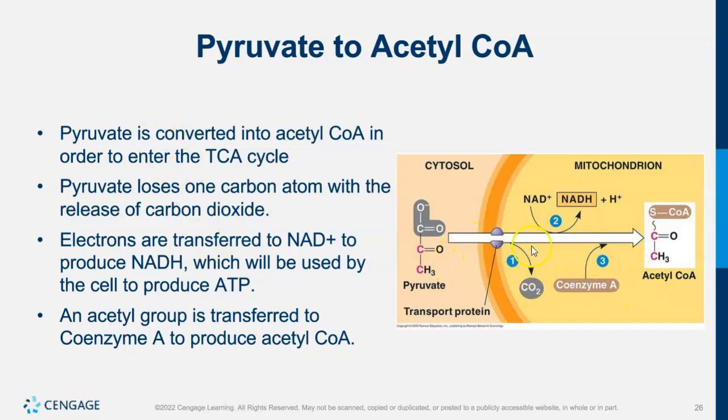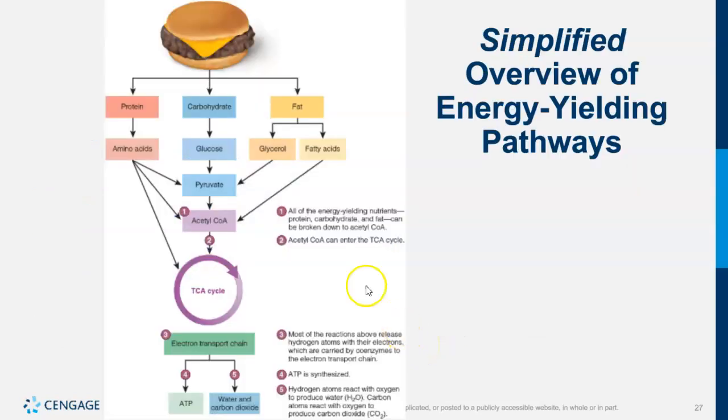From here on out, like I said, we're in the mitochondria. So pyruvate gets converted to acetyl-CoA. It loses this carbon. It also releases some hydrogen ions, which we can use later on to create ATP. So now we've just gone from pyruvate to acetyl-CoA.